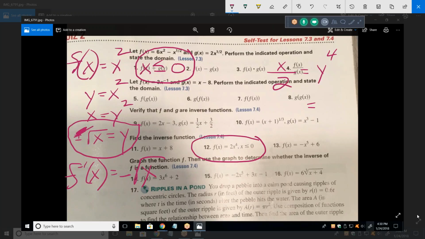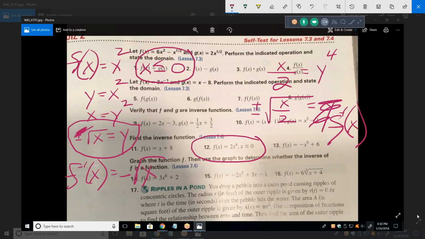So when I solve this for y, I take the 4th root, but my answer is plus or minus the 4th root of x over 2, and that's equal to f inverse of x.